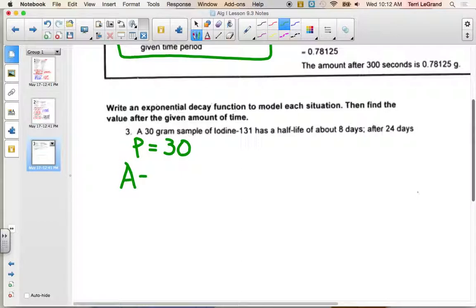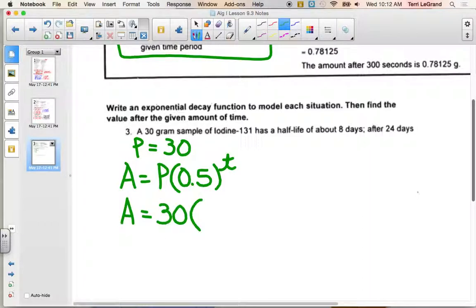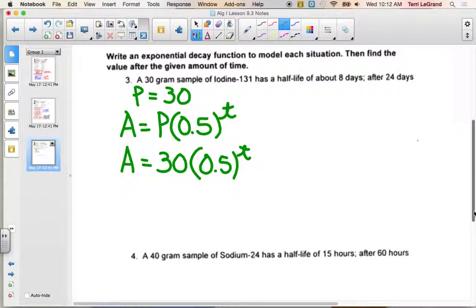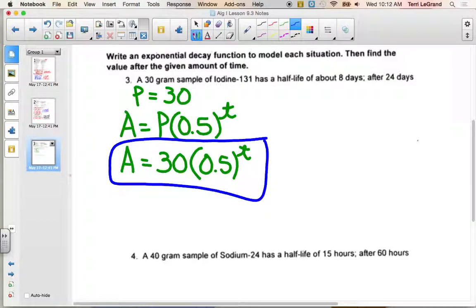Here's our model: A equals p times 0.5 to the t power. So the only thing we're going to do is put in A equals 30 times 0.5 to the t power. There's our model. So that would be our first answer.